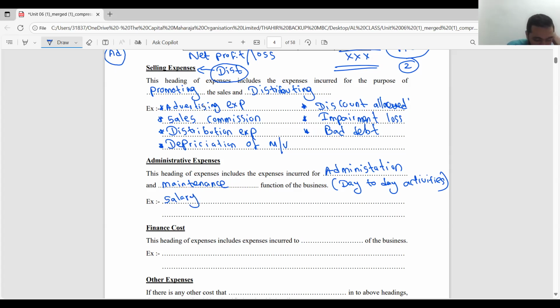So let's quickly write the examples. Salary, water bill, electricity bill, rent, telephone bill, insurance, cleaning and maintenance.